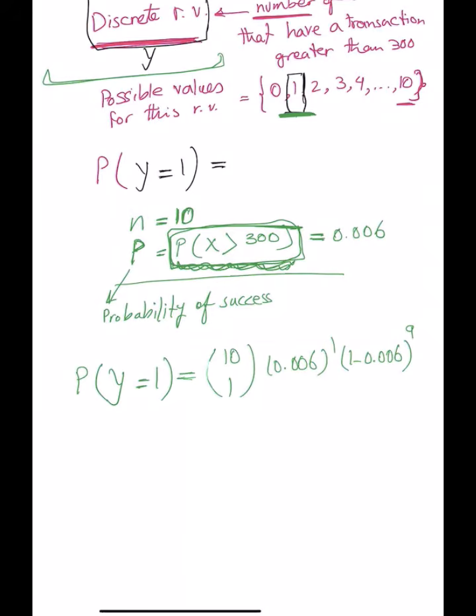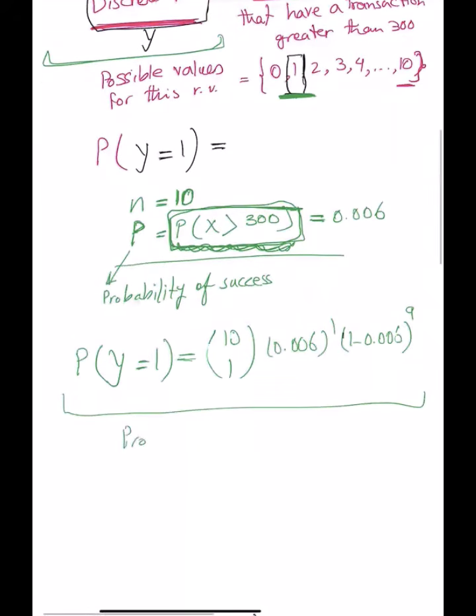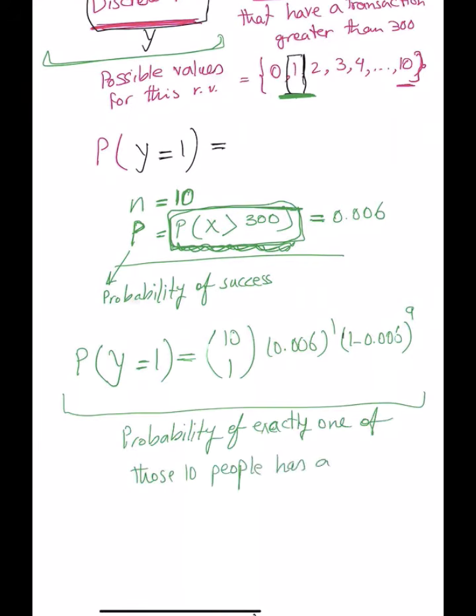Okay, so that would be the probability of exactly one of those 10 people has a transaction greater than 300.